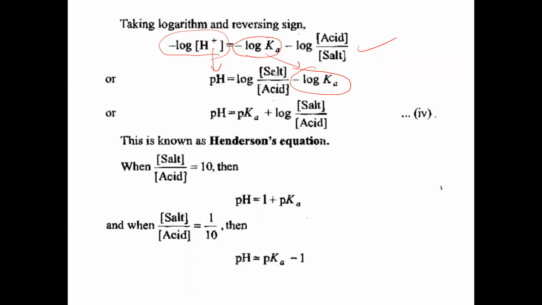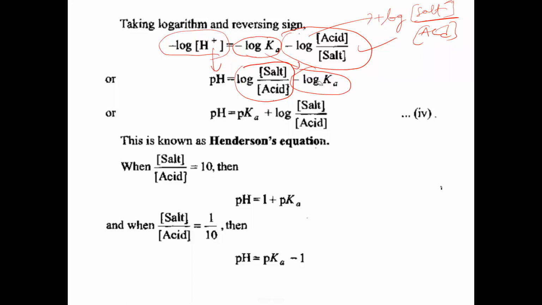So minus log acid by salt we have changed into plus log salt by acid. Is the concept clear here? So minus log acid by salt will be nothing but plus log salt by acid.